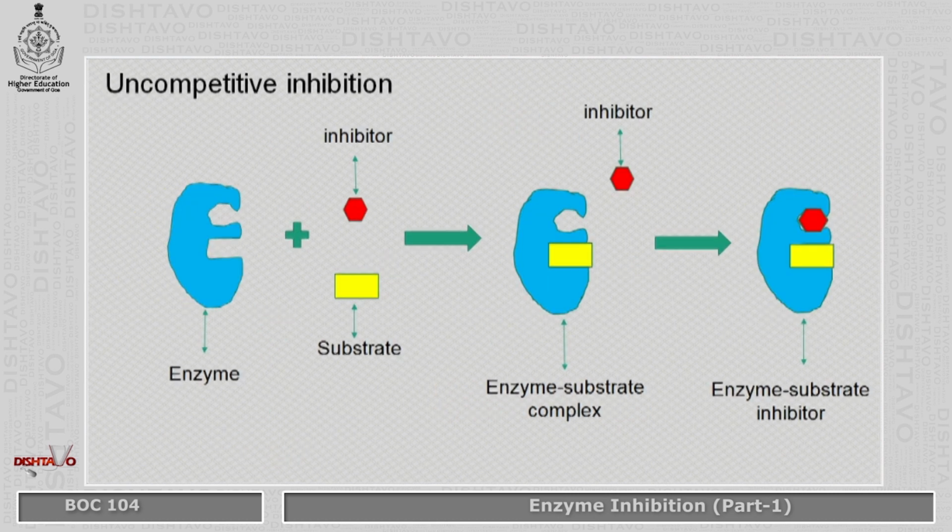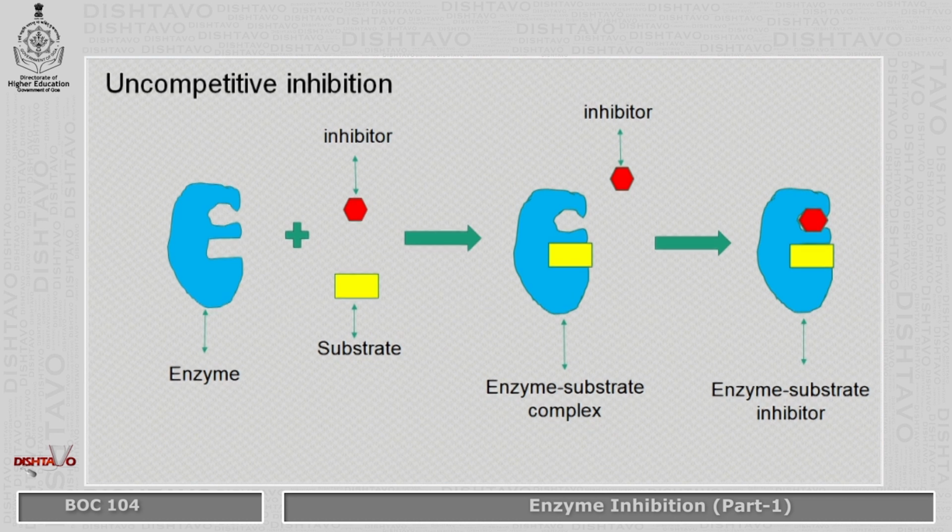Coming to uncompetitive inhibition, in this type of inhibition, there is an enzyme molecule, inhibitor and the substrate molecule. First, the substrate will bind to the active site of an enzyme to form an enzyme substrate complex. Now, the inhibitor will bind to the enzyme substrate complex.